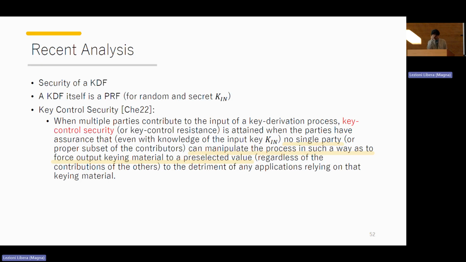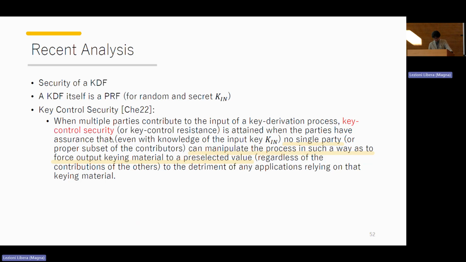The security of KDF requires that the KDF itself is a PRF. So for random and secret K in, KDF must be a PRF. And there is another interesting security notion called the key control security.